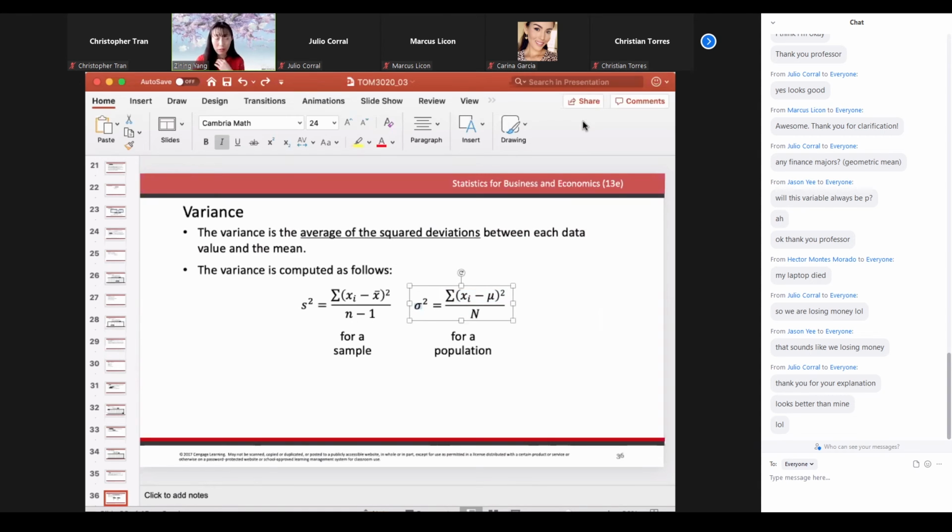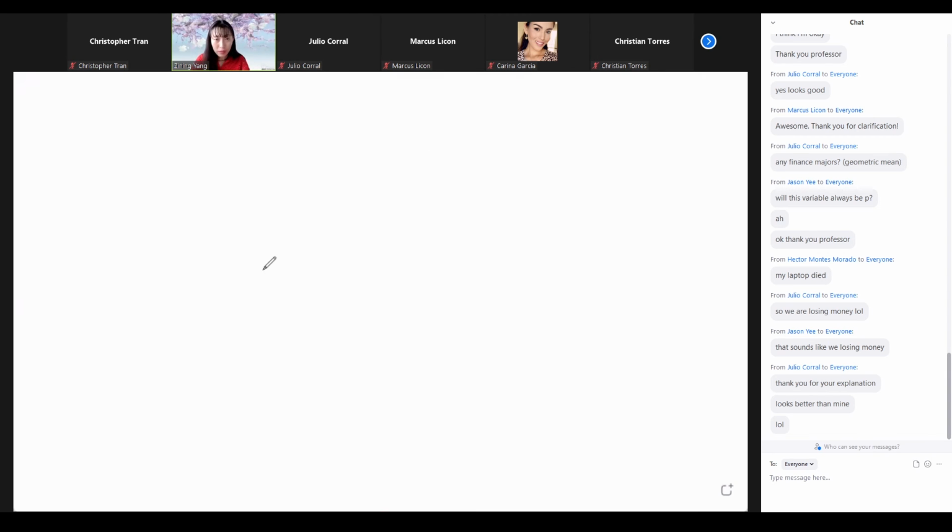Population variance is denoted as sigma squared. So this is a Greek letter. Let me write it for you. Start from the center, like this. It's almost as if you're writing a 6, but when you write a 6, you point up.